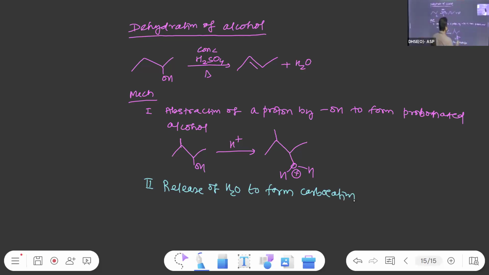Okay, this is the carbocation plus water. Release of water to form the carbocation intermediate. And clear? Quickly note down, then we'll go to the next step.